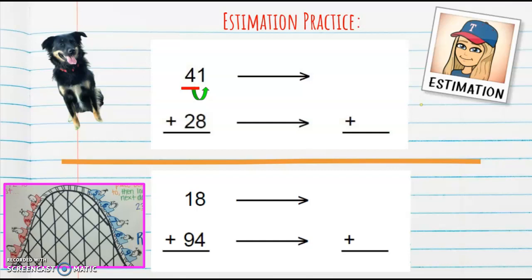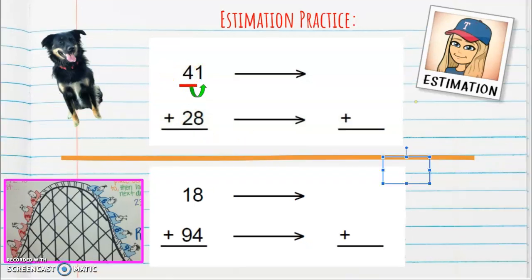Okay, is the number 1 going to tell the 4 to rest or score? If you look at your roller coaster, the number 1 is going down the roller coaster. So it's telling the number 4 to rest. So when that 1 tells the 4 to rest, the 4 is going to stay the same, and the rest turn into zeros.